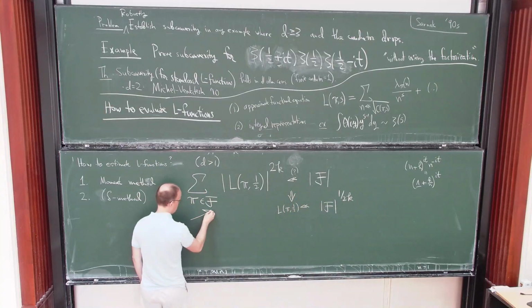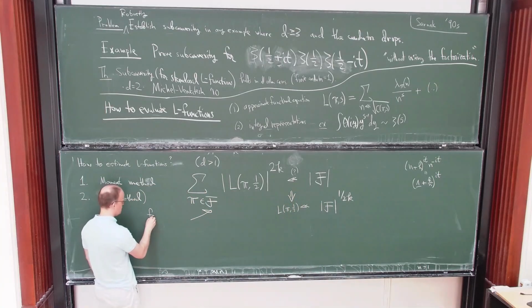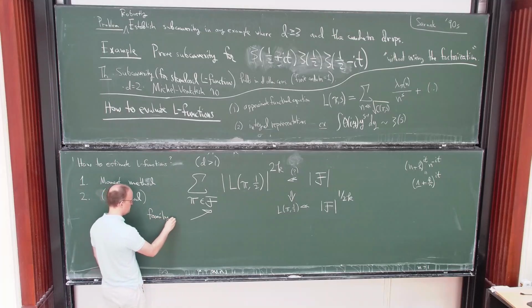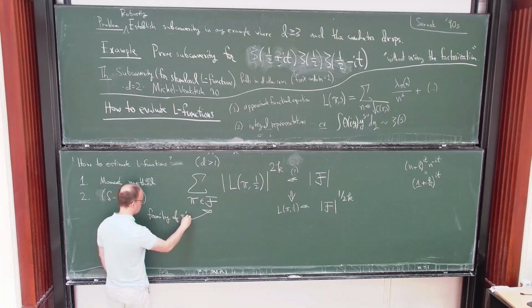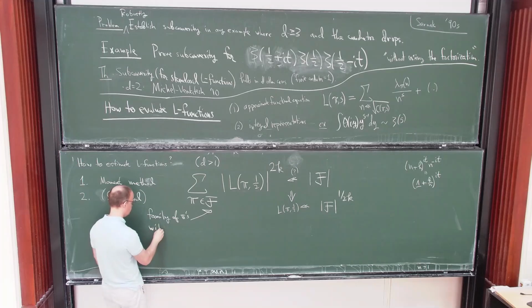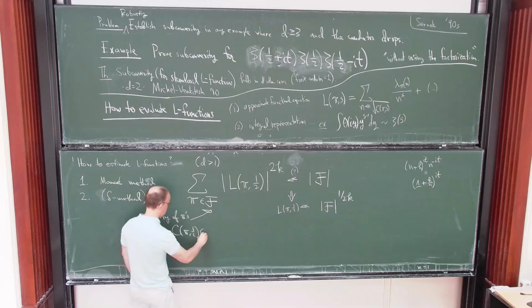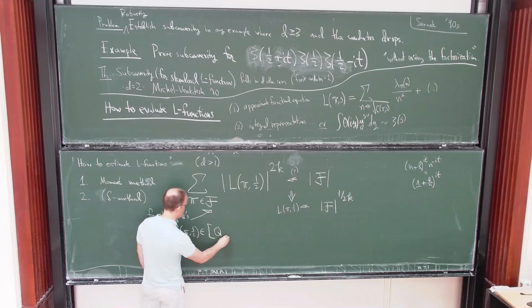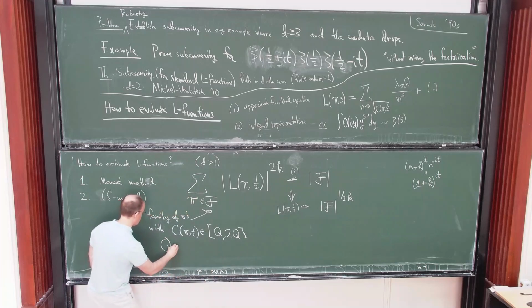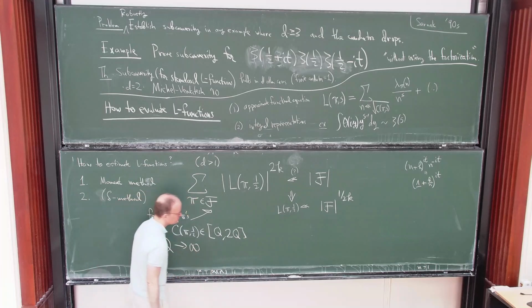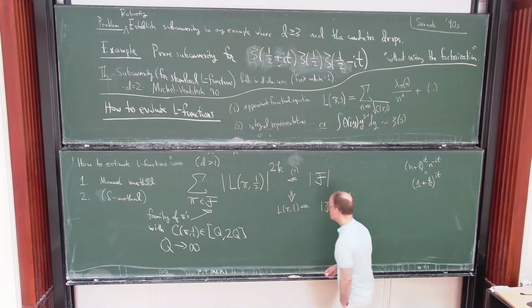And now to make things a little more quantitative, let's say that this is a family of pi's with conductor of pi, maybe conductor of pi and a half, between some number q and twice q, where q is some parameter going off to infinity.